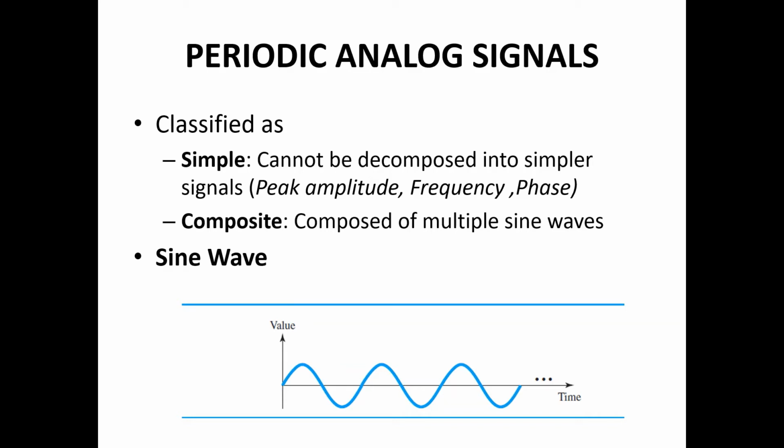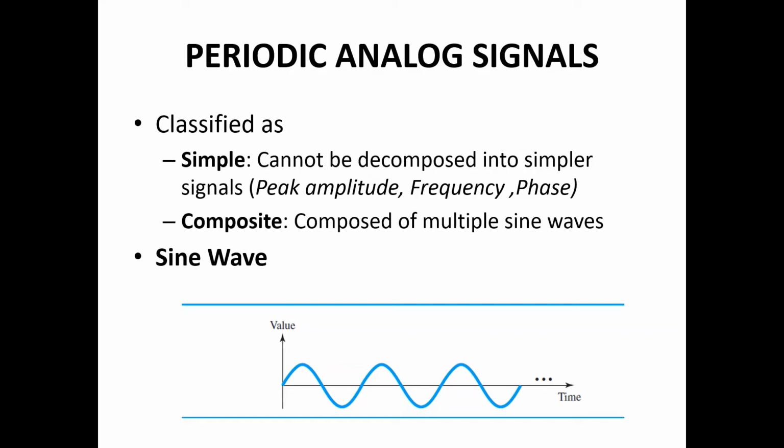So the parameters of a simple analog signal are peak amplitude, that is the highest intensity of the sine wave, which remains constant. Then period and frequency. The period is the amount of time the signal takes to complete one particular cycle, whereas the frequency is the number of cycles in 1 second. And the third one would be phase.